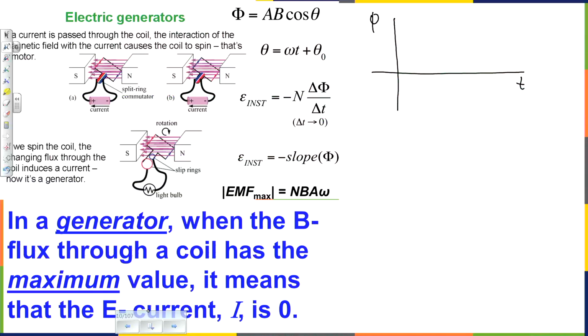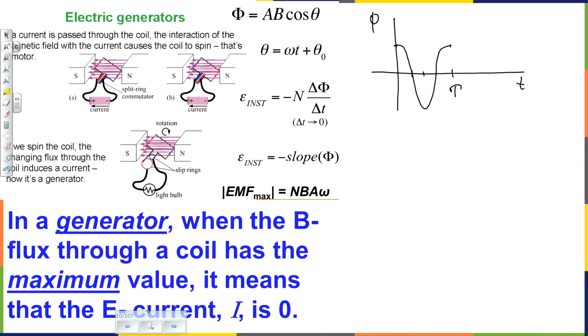So since I see a cosine, I can start from a cosine. This is one whole period for the flux, and it keeps changing. It means during this time, the coil makes one whole revolution. This is a half of a period, a quarter of a period.